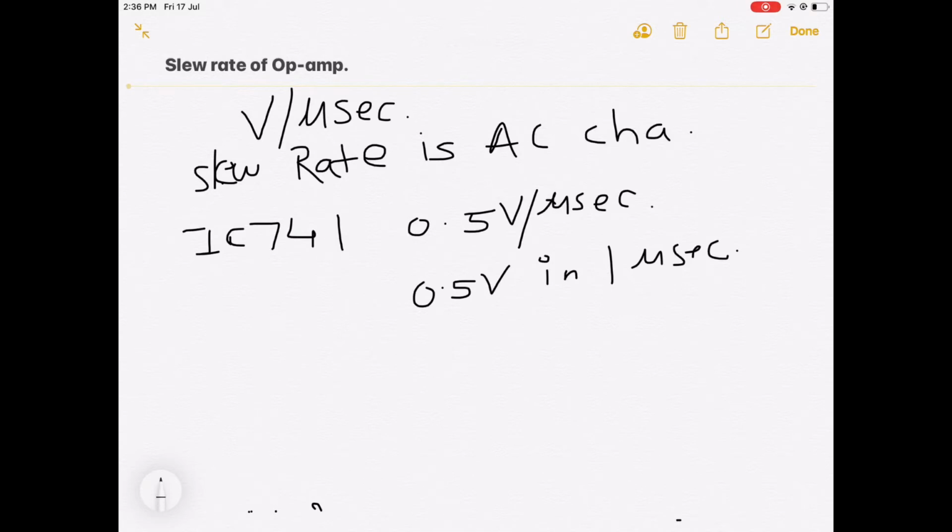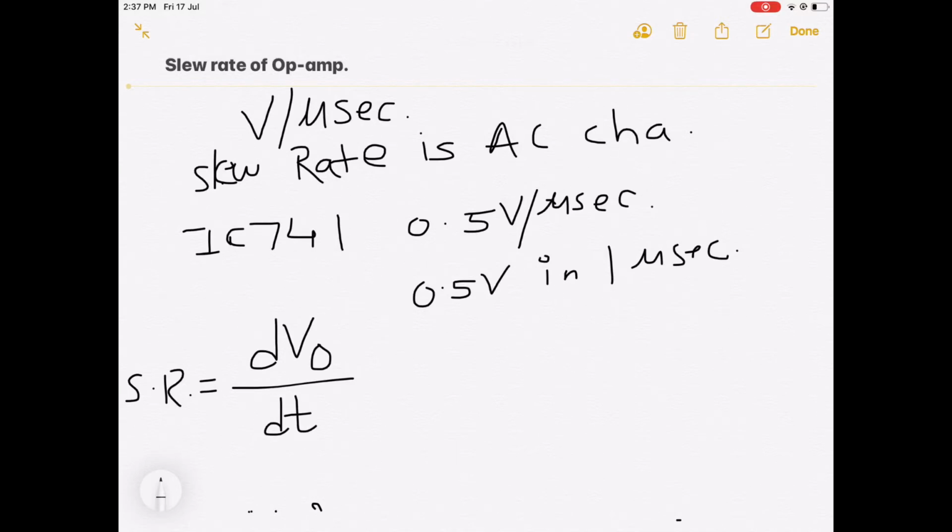So, practically it can be written as change in output voltage with respect to time. So, dVo by dt is nothing but the slew rate of op-amp. Okay. So, why is there slew rate limiting?